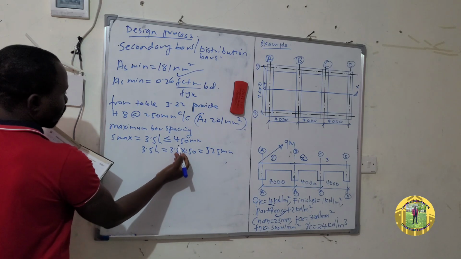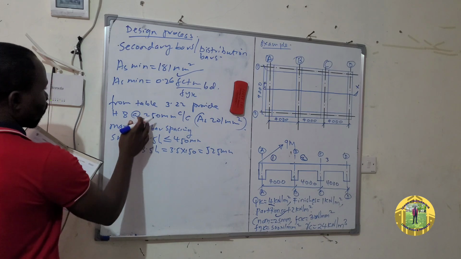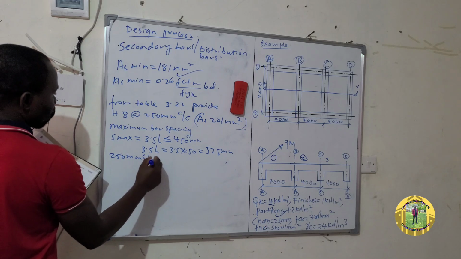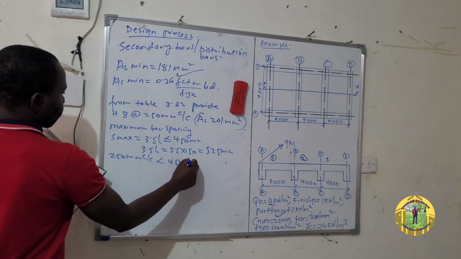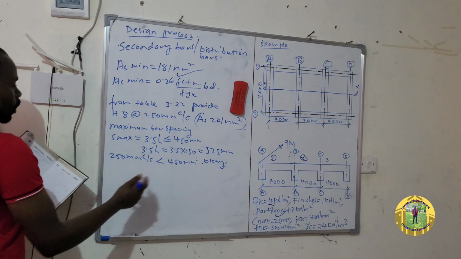So our maximum spacing will be 450 millimeters. And then 250 millimeter center to center is less than 450 millimeters. Therefore, okay. So this is for general.